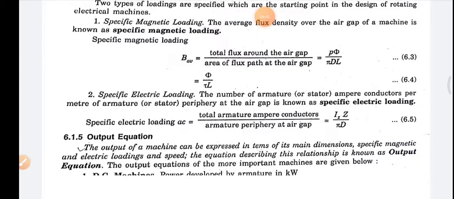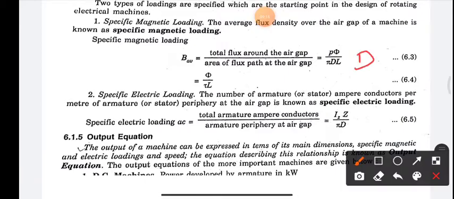It can be expressed in terms of its main dimensions that we already talked about, D as well as L, its speed in RPS, and its loadings, that is specific magnetic loading and specific electric loading. These are the parameters based on which the output of an AC machine can be designed.